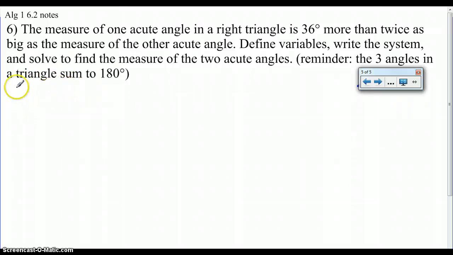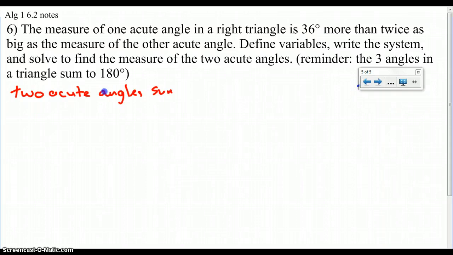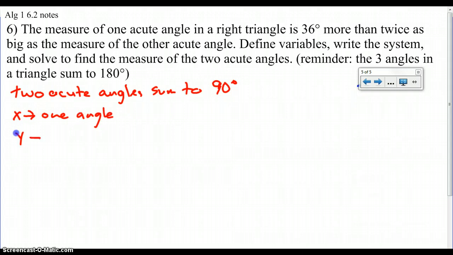The two acute angles would sum to 90 degrees. I'm going to keep that in mind. All right, so I'm going to say x is one angle, and y is the other angle.